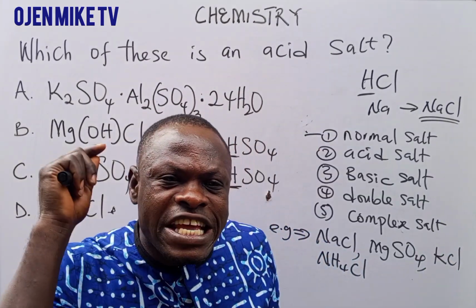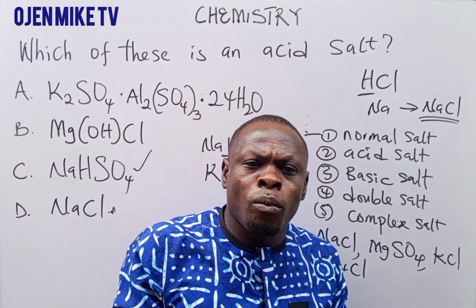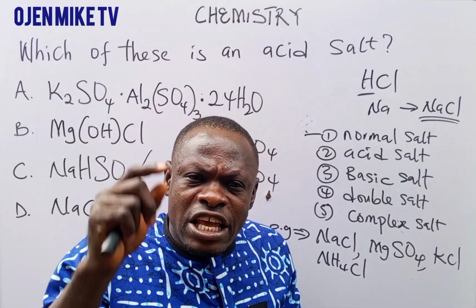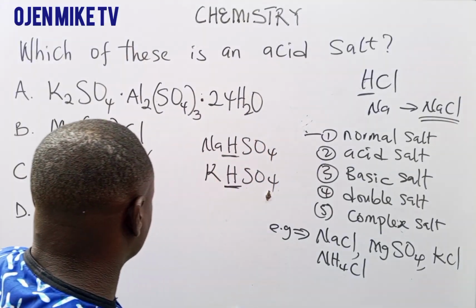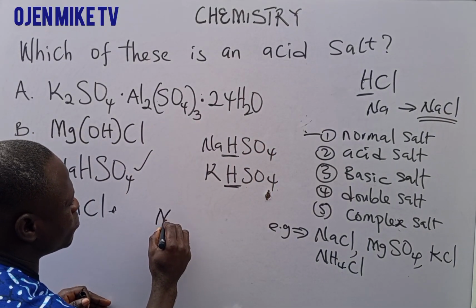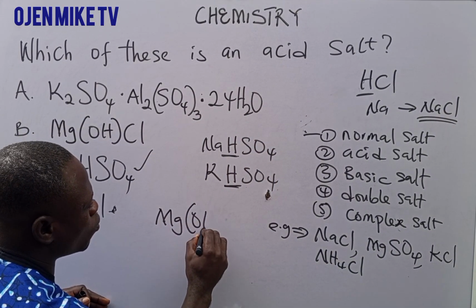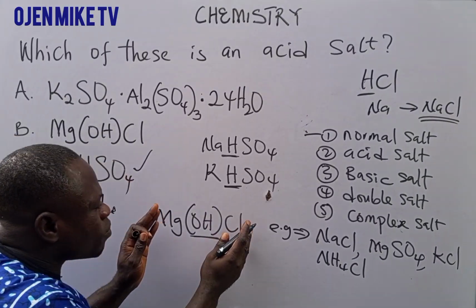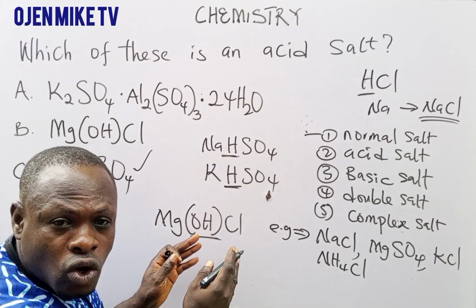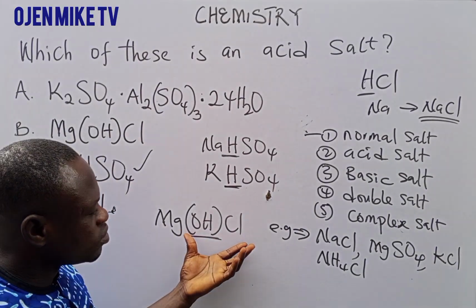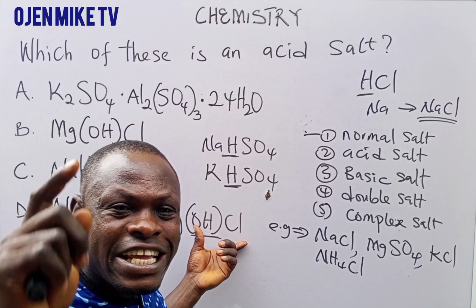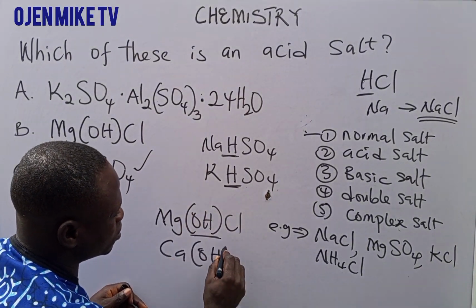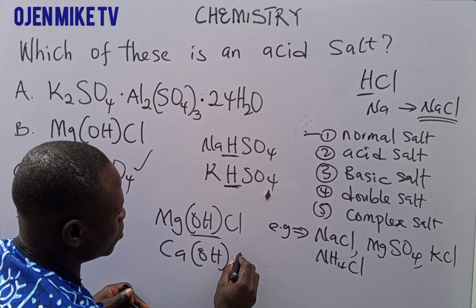In the case of a basic salt, it is formed when there is a partial replacement of hydroxyl ion in a metallic hydroxide. For instance, you have Mg(OH)Cl.